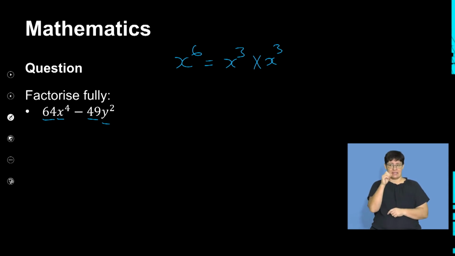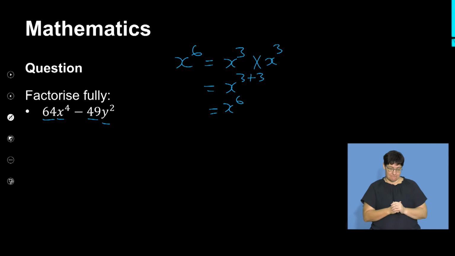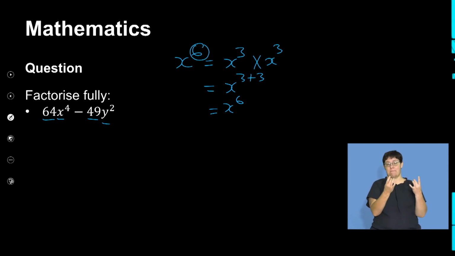But I know that you will quickly want to multiply those 3's. You can't do that. According to the laws of exponents, I must add my exponents. So it becomes x to the exponent of 3 plus 3, which is x to the exponent of 6. So as long as the variable is to the exponent of an even number, then we call it a perfect square.